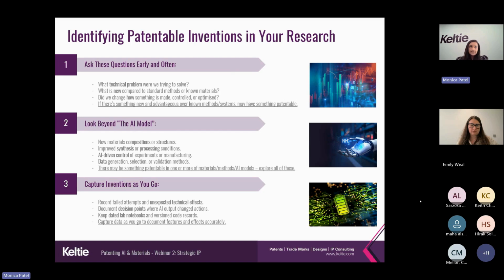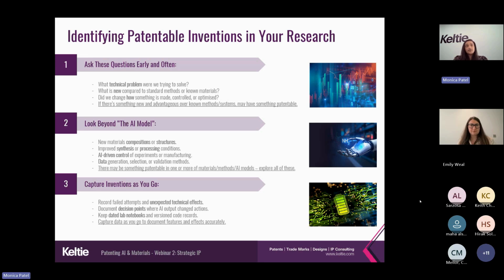Number 2 on the slide is look beyond the model, look beyond the AI model. So look at what new material compositions or structures are being formed, improved synthesis or processing conditions, and control, if there are any improvements around the control of experiments or manufacturing methods. Also, this last point might not always be considered, but it's important to take a look at it and consider it, because it's in the data where you can often find patentable inventions, in how the data is processed.